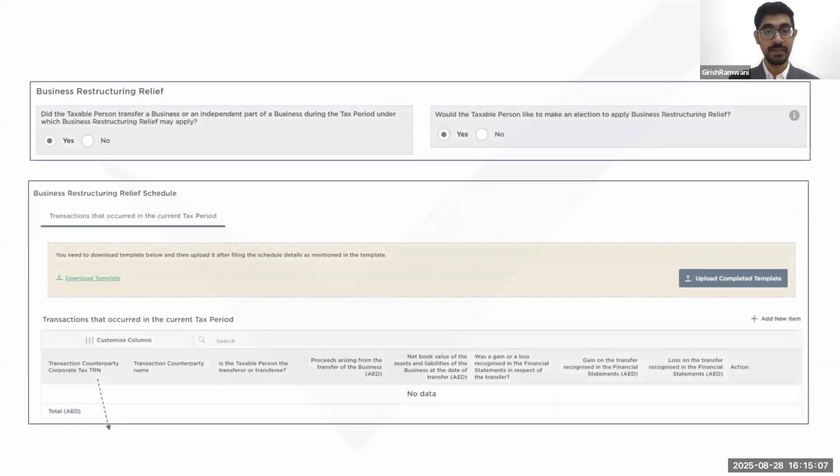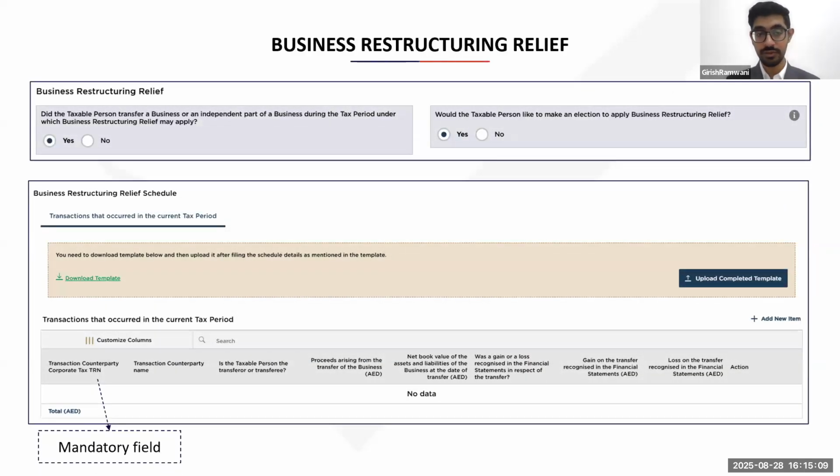Now, the important disclosures or reportings that are required in the return: again, you will have to select whether any business restructuring has happened for which the business restructuring relief may apply and whether you are electing for that relief or not. After that, again, the TRN of the other company is important, the name is important. What is the status of the taxable person, whether it's a transferor or a transferee, you need to mention that.